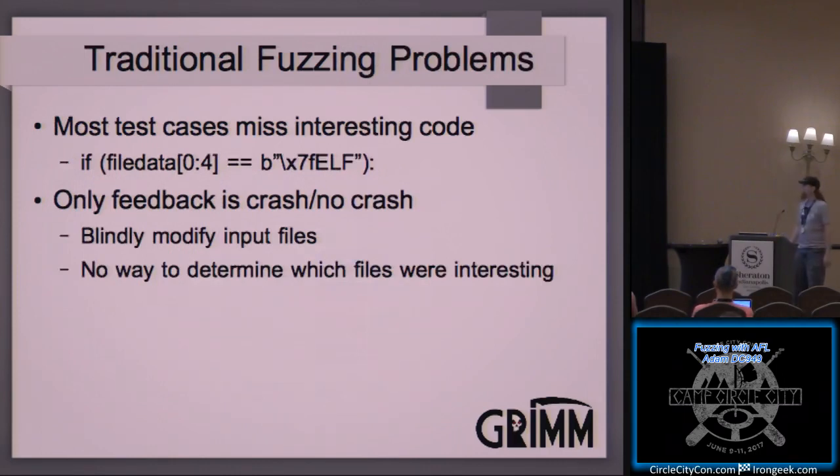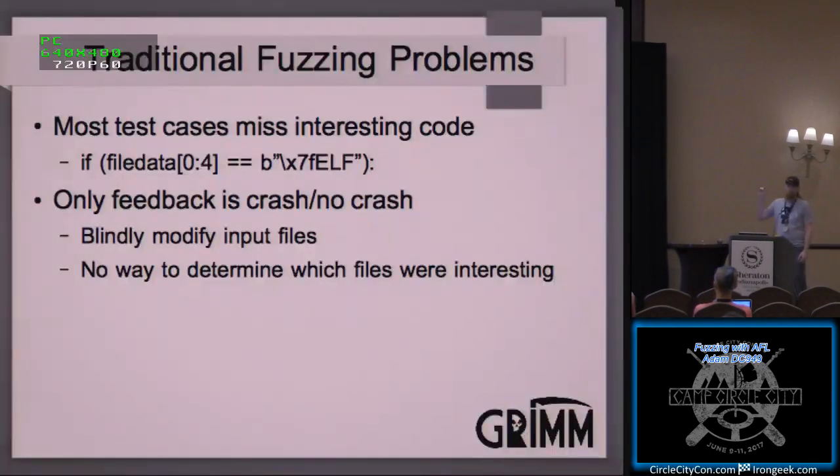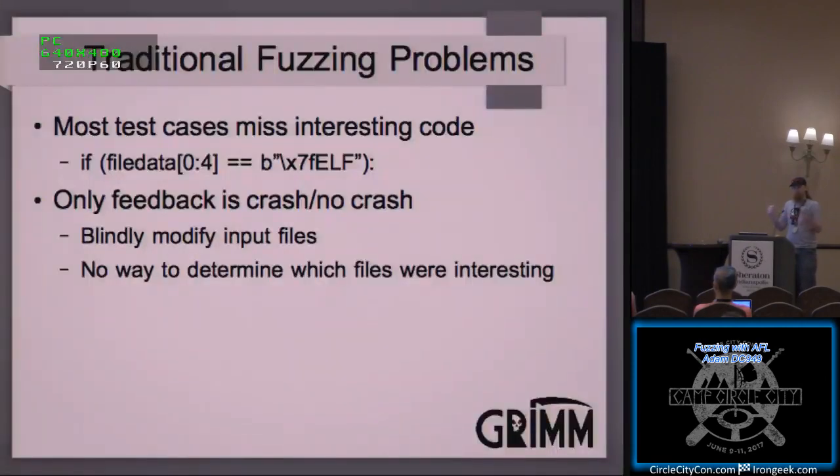And the problem with this is it misses a lot of interesting code. So, for example, objdump reads in a binary file like an ELF, and the first thing it's going to do is check the magic bytes, and in an ELF, the first 4 bytes should be 7F ELF. And so if your mutation changes that, it's going to go down the code path of, hey, this isn't an ELF file, exit.